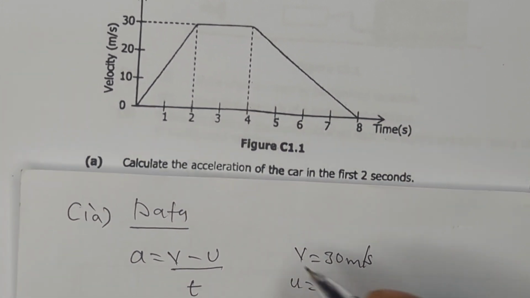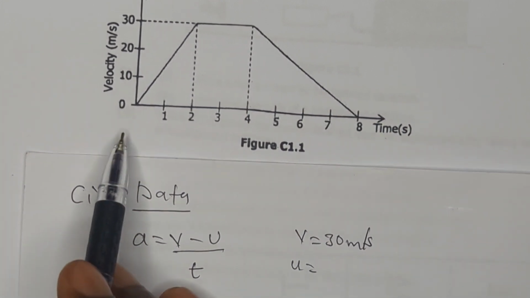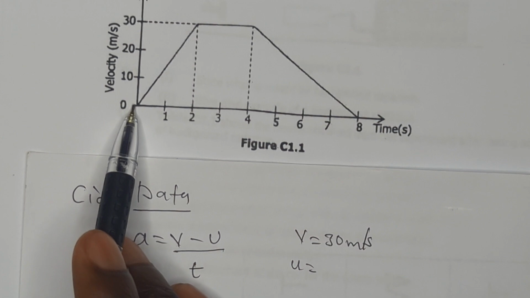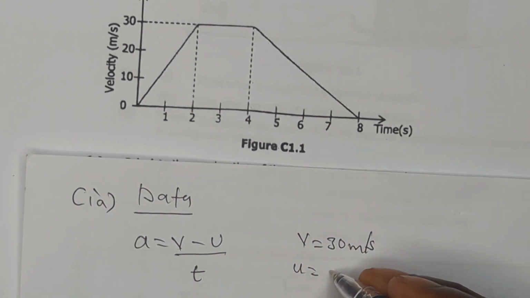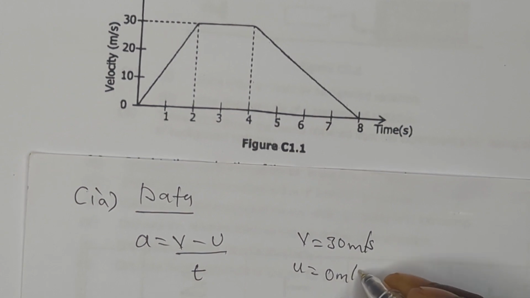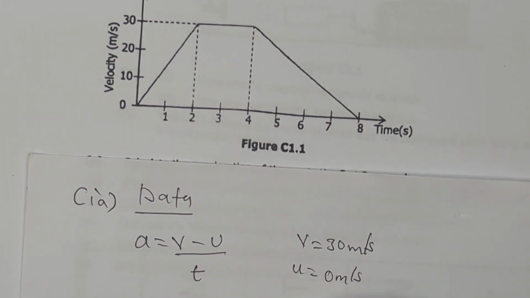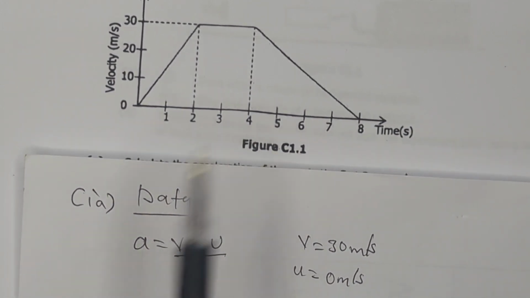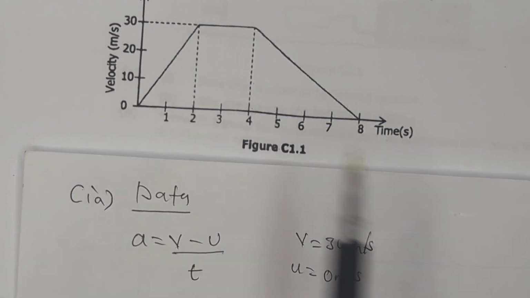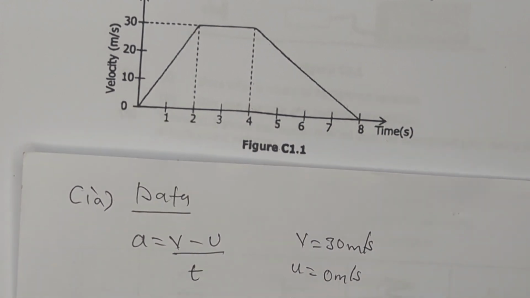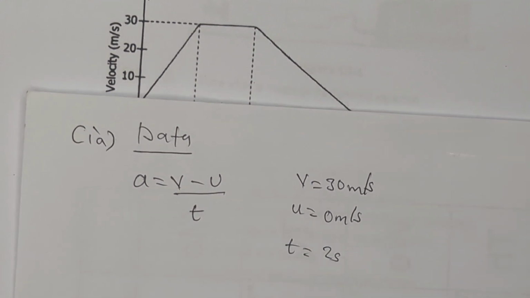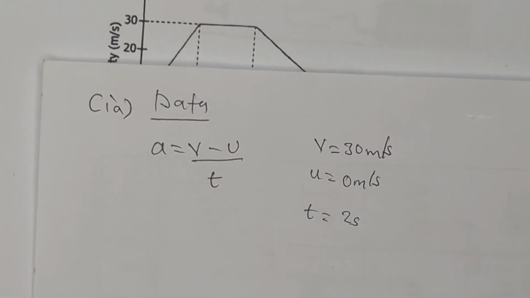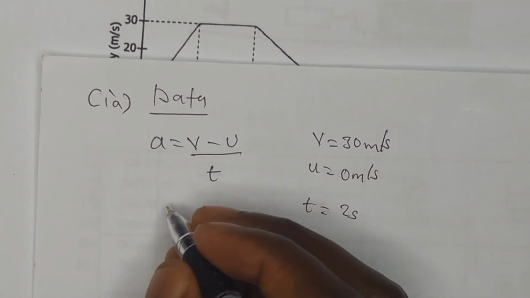Our initial velocity, where the car started accelerating, is here, which is 0 meter per second. The time, they are saying in the first 2 seconds. So from this point to that point, that is 2 seconds.